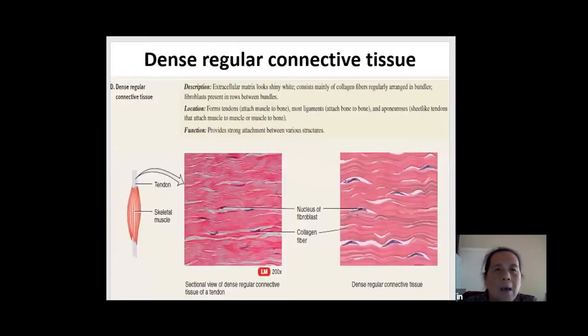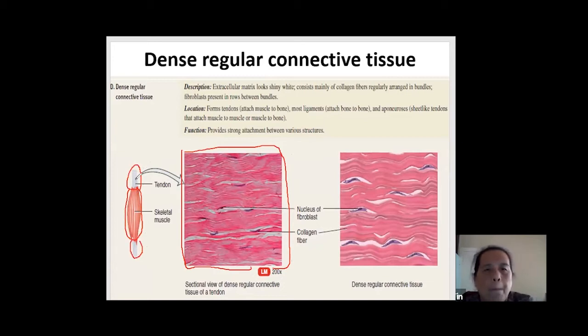We still have some pictures here. This dense connective tissue comes from the tendons. We know the tendons are the ending part of the muscles, skeletal muscles. The ending part always has tendons, on both sides. The tendons belong to dense connective tissue, and specifically dense regular.